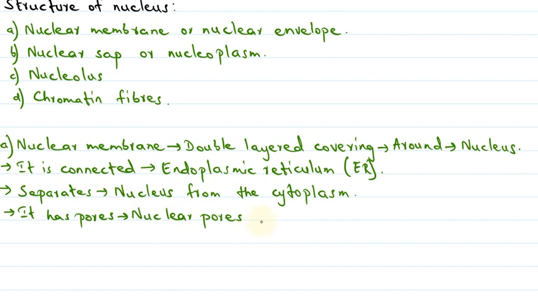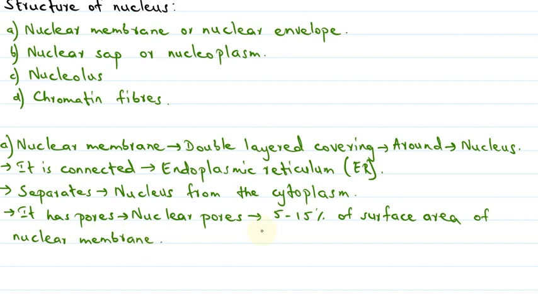And these nuclear pores account for about 5 to 15% of the surface area of the nuclear membrane, and these pores mainly help in the transfer of materials.